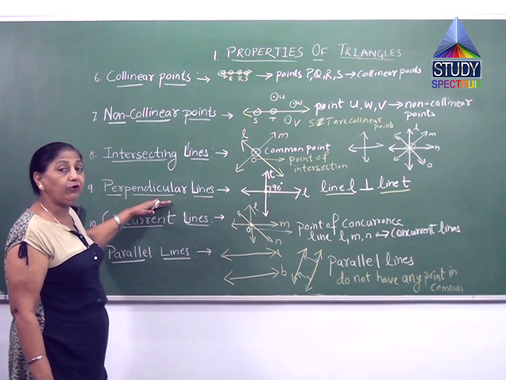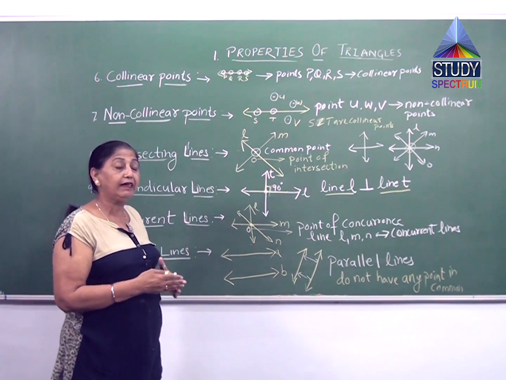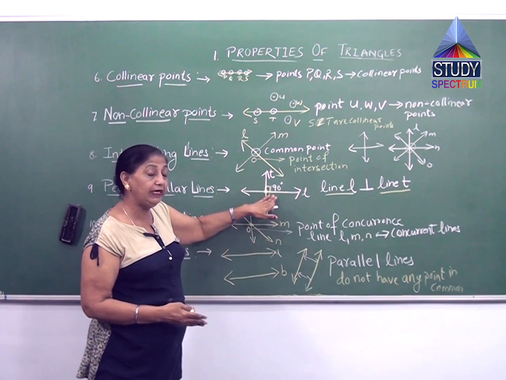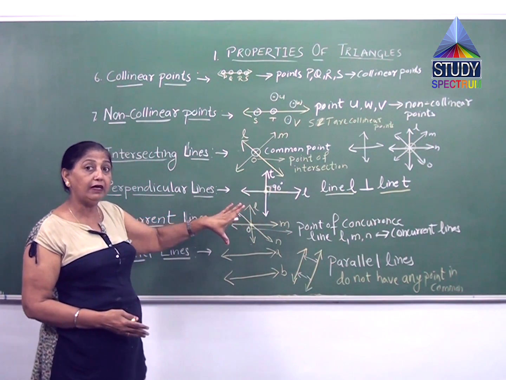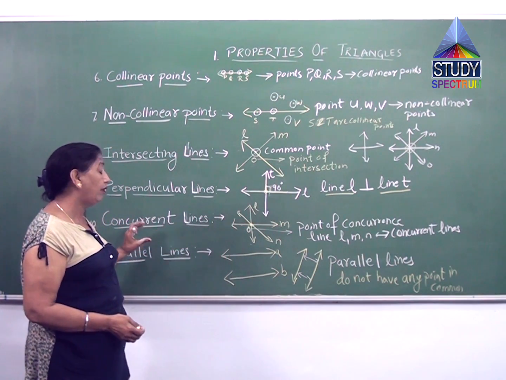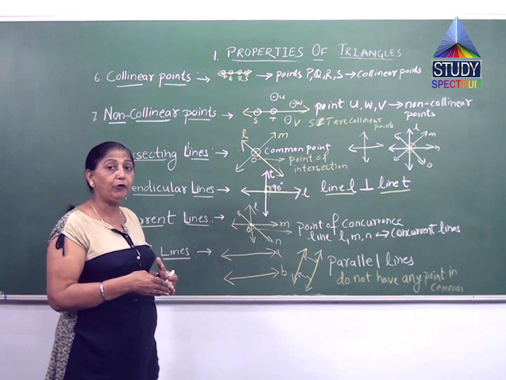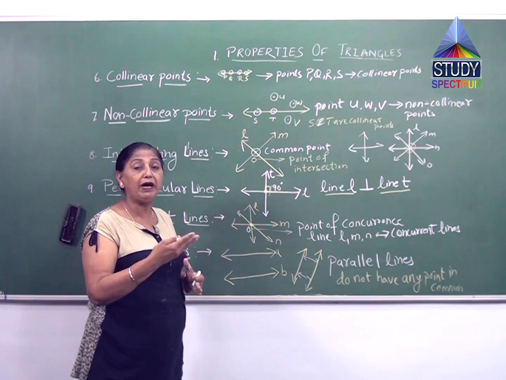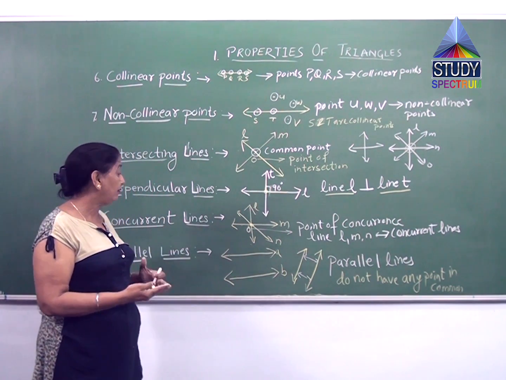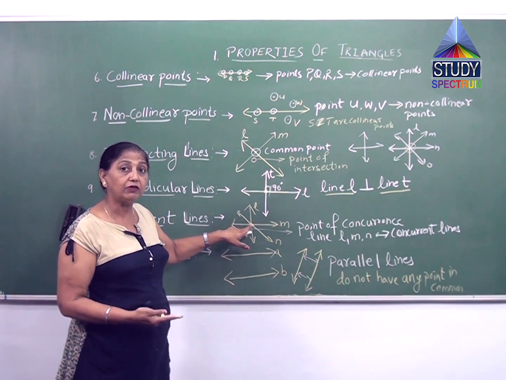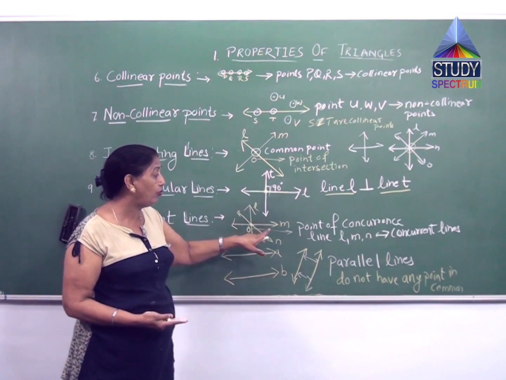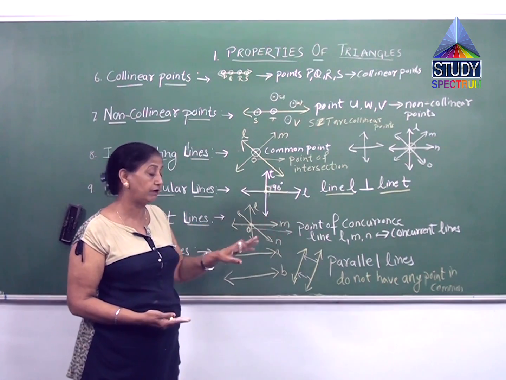Now, perpendicular: when two intersecting lines form an angle of 90 degrees, they are known as perpendicular lines. And concurrent lines means when more than two lines pass through the same common point, those lines are known as concurrent lines, and the point which is common to all the lines is known as the point of concurrence.